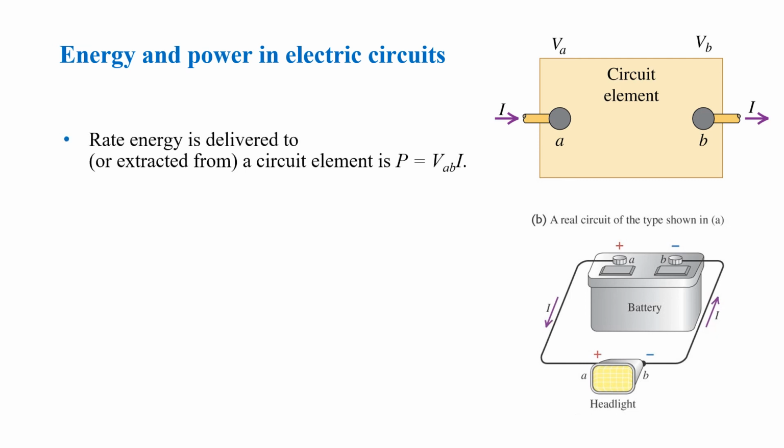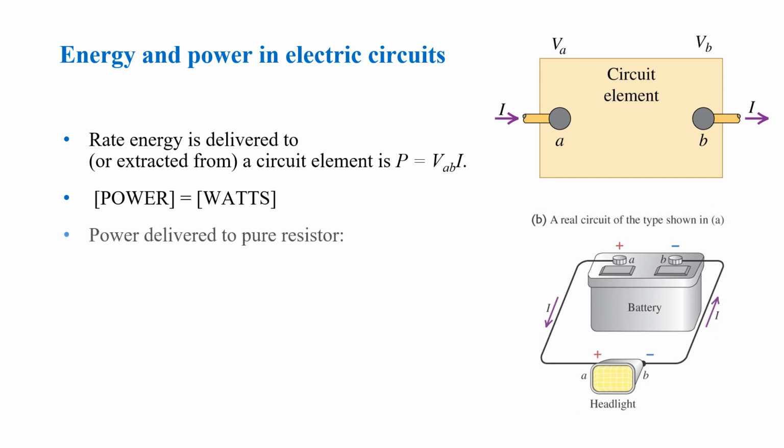The rate of energy that is delivered to or extracted from a circuit element is your power P, and that is equal to your terminal voltage VAB times I. Your power has units of watts. Power delivered to a pure resistor is equal to I squared R, or you can also use your terminal voltage VAB squared over R. So this is how you're going to calculate the power or the rate of energy that is delivered to your circuit element.